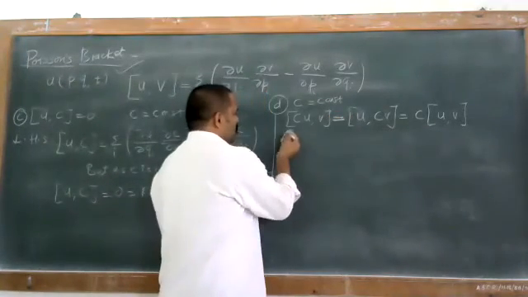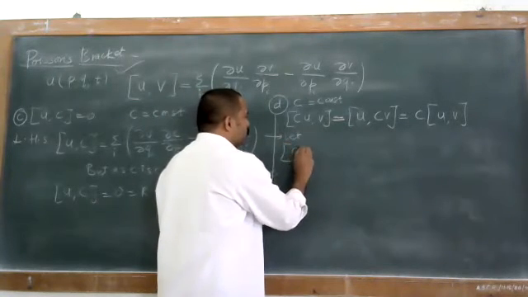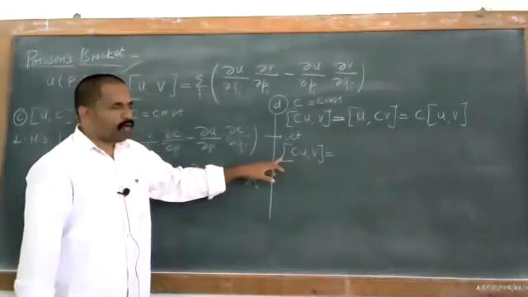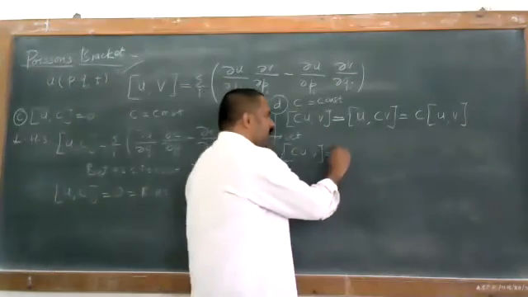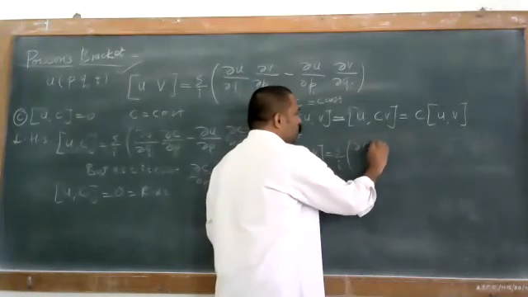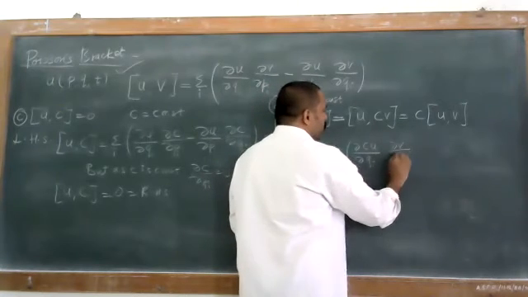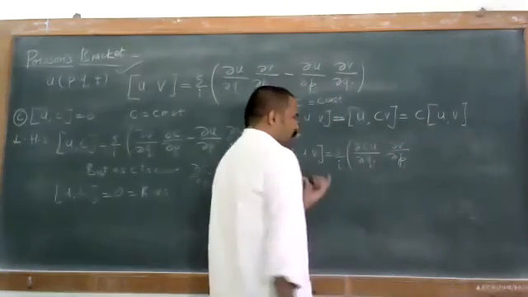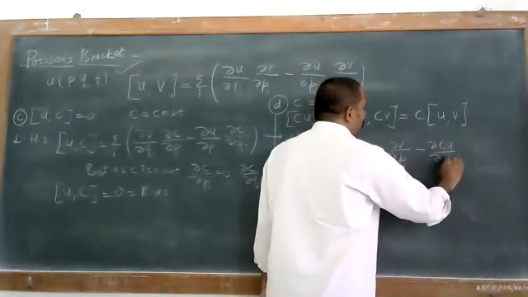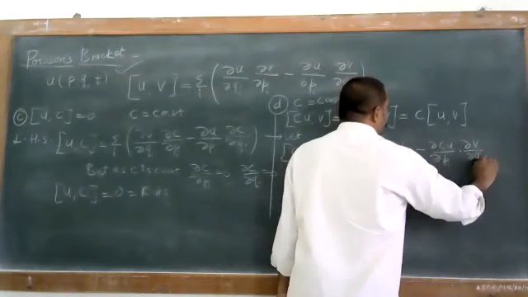Let us say the Poisson bracket of CU, V. I write that as the summation over i of ∂(CU)/∂Qi into ∂V/∂Pi, minus ∂(CU)/∂Pi into ∂V/∂Qi.